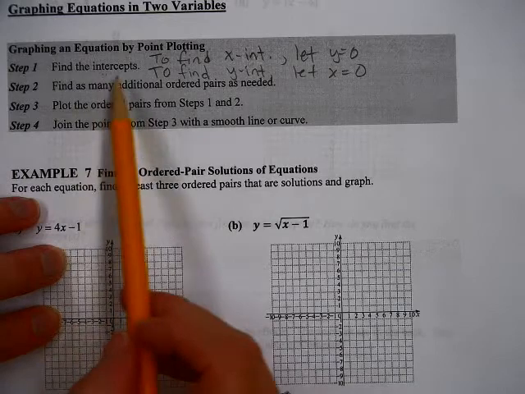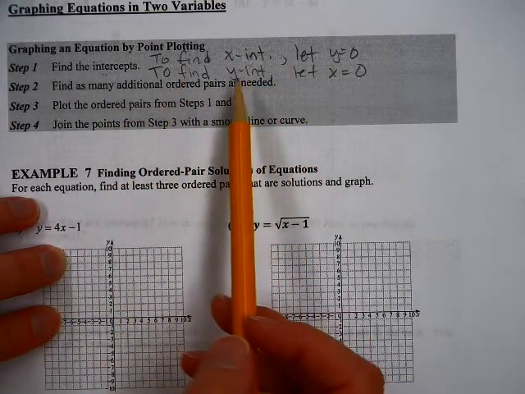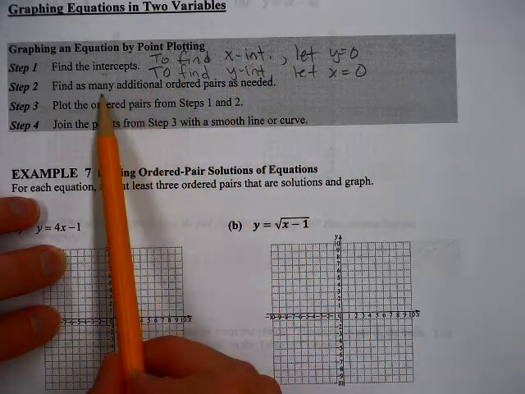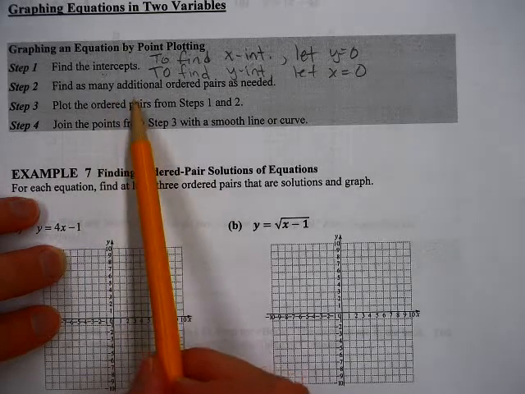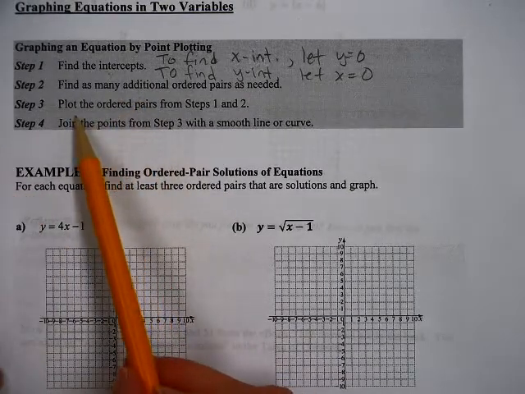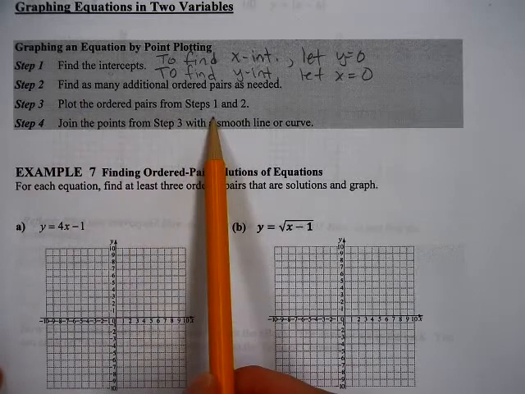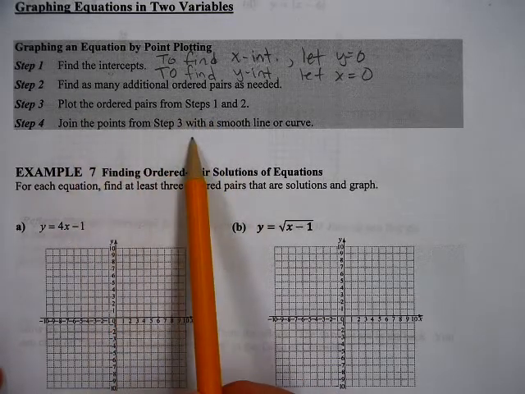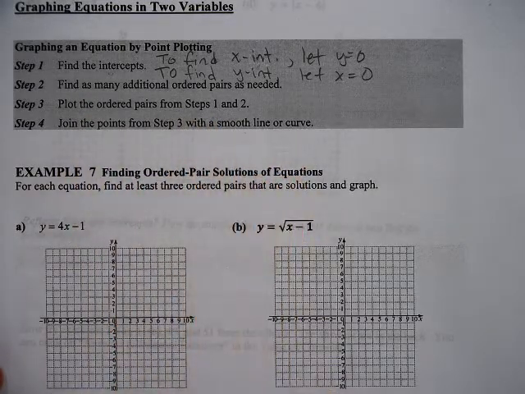Okay? Now, a lot of times 2 points is not enough to graph. So we might need to find a third or even a fourth ordered pair in order to graph. Then once we get our ordered pairs, we plot the ordered pairs, join the points with either a smooth line or a curve. So let's do that for this first one.